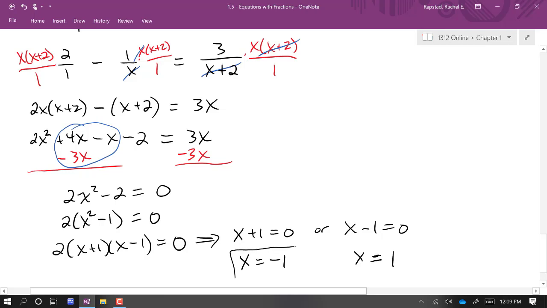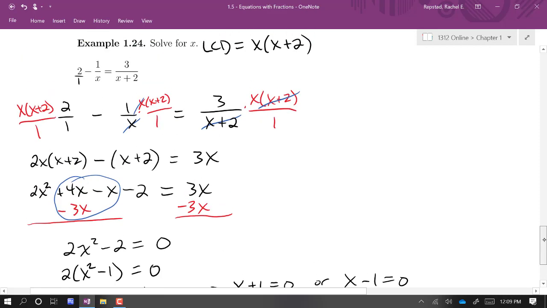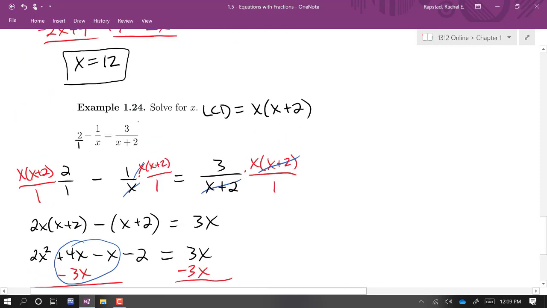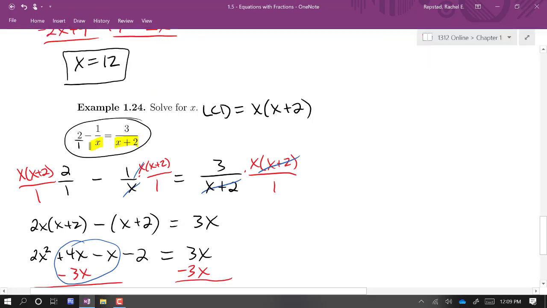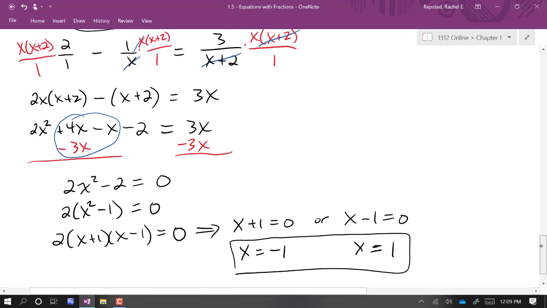So we got x equals negative 1 and x equals 1 for our solutions. If I go back up to the original equation, I'll note that neither of them would make us divide by 0, right? So I'd just be on the lookout for what's in the denominators, and if I plug in the values we found for x, does it make any of them 0? It doesn't in this case, so both work out just fine.